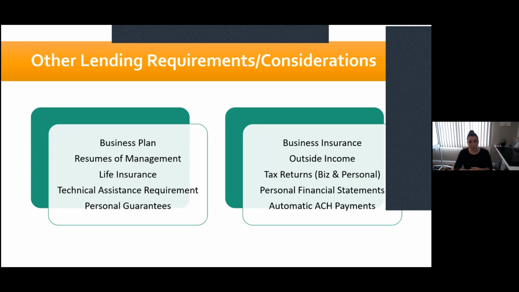Some lenders will require key man life insurance so that if for some reason something happens to you as the business owner, they can get repaid on the loan and your business can continue to operate. So that's another reason that succession plans are important, or that you're looking at disaster recovery.